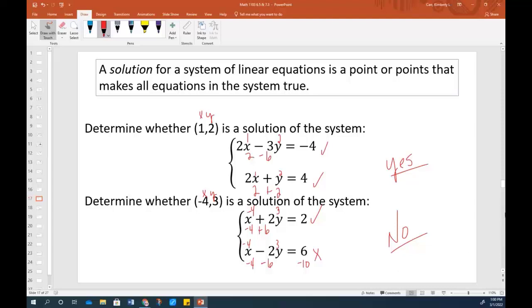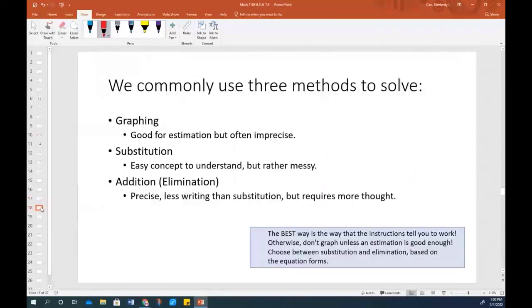So if you just need to check it, however, rather than having you check it, they're often going to have you solve it. There's 3 common methods for that: graphing, substitution, and addition or elimination. The main thing I'm going to say about this is that graphing is really hard to do with precision if you're having to do the graph by hand.